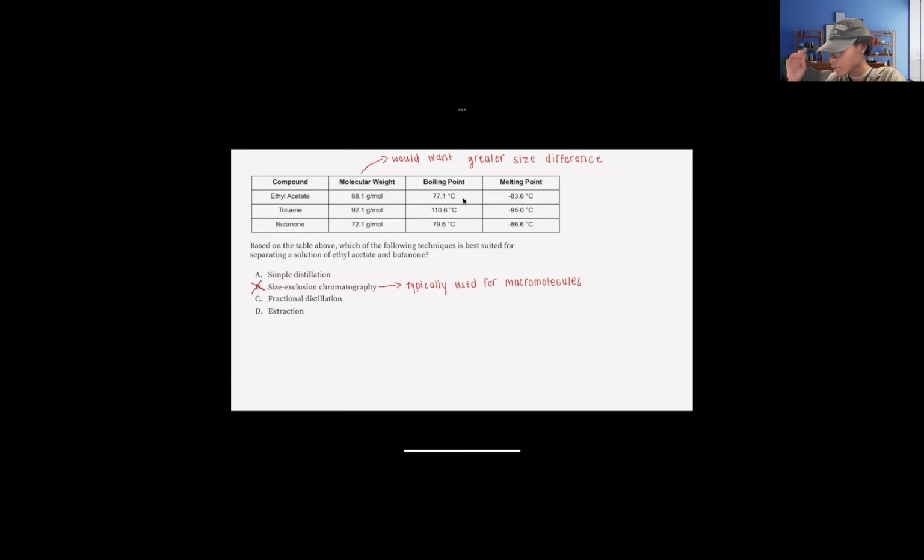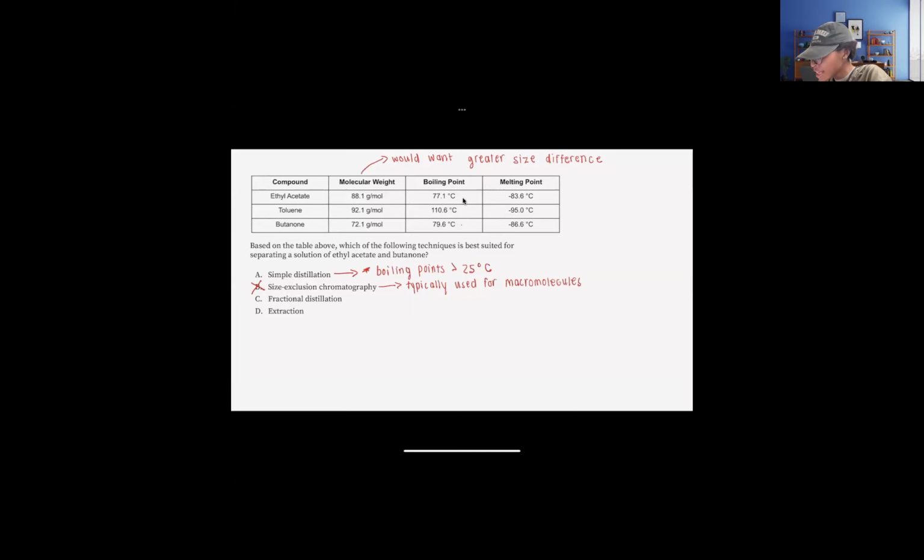I can just go over the questions. So simple distillation, as we talked about, this is for boiling points greater than 25 degrees Celsius of difference.